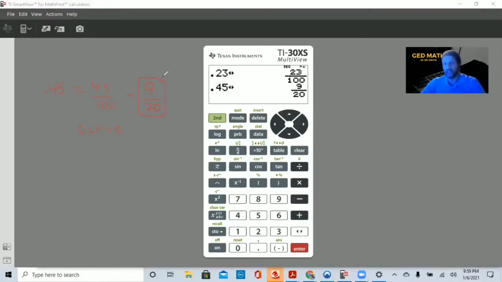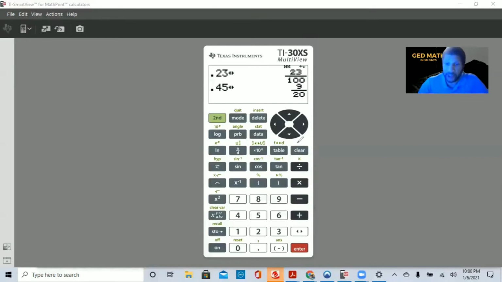And we have the same exact answer, 9 over 20 or 9/20ths. So again, look at what the TI-30XS calculator can do for you. First of all, it can reduce a fraction to lowest terms. It can turn an improper fraction into a mixed number. It can turn fractions to decimals and decimals to fractions.